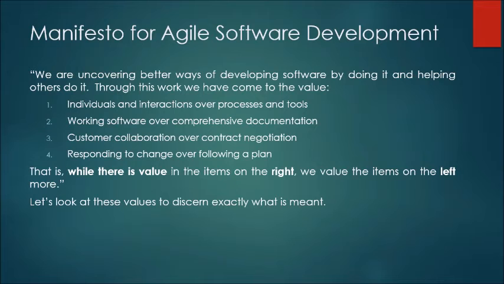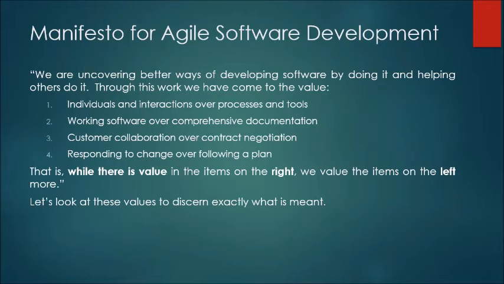The Agile manifesto says that there is value in the items given on the right hand side, that is processes and tools, documentation, contract negotiation, following a plan. Yes, we don't deny that there is value in the items on the right hand side, but we value the items on the left side more. We value responding to change more than following a plan.